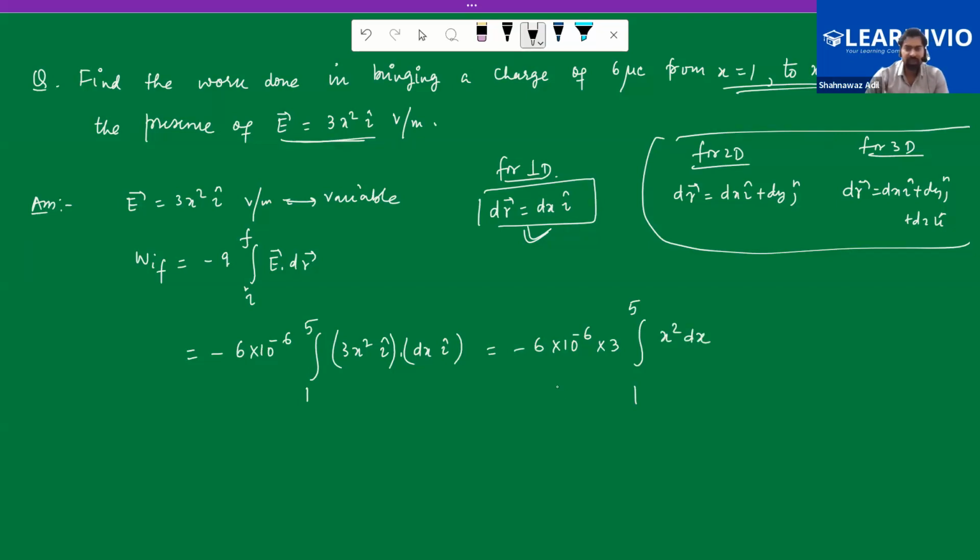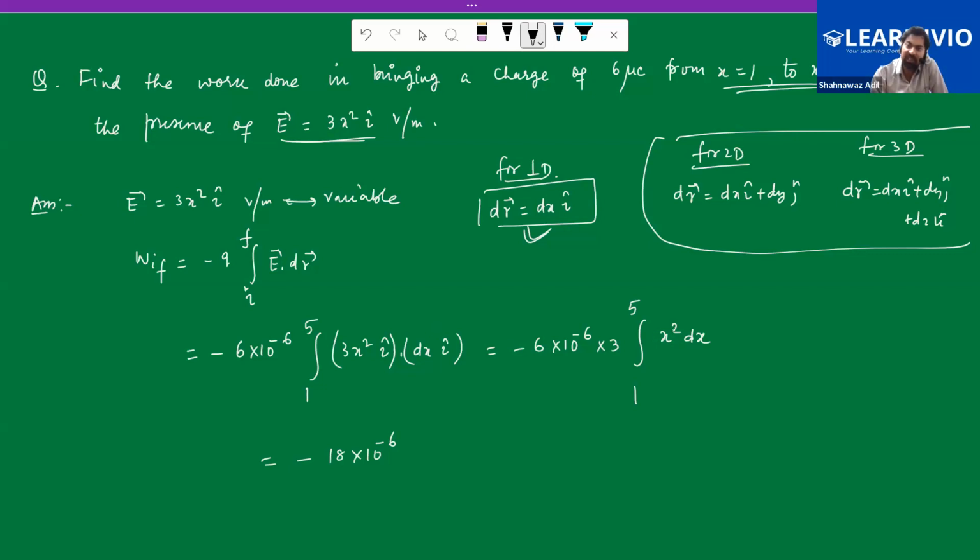Is it clear, guys? So this would be 6 3s are 18 into 10 to the power minus 6 times the x squared integral. What is the integration of x squared?